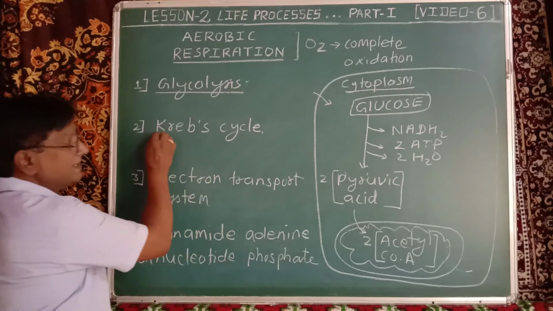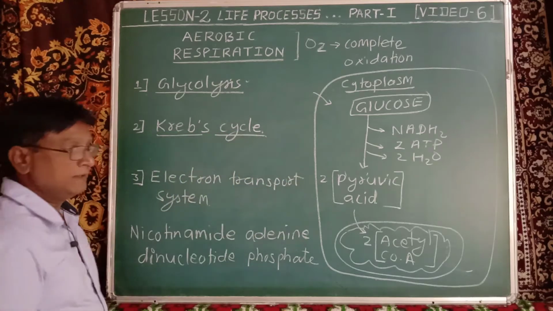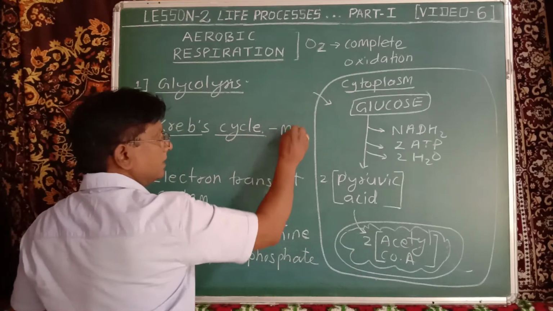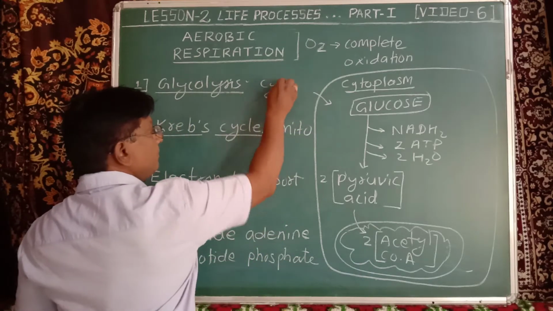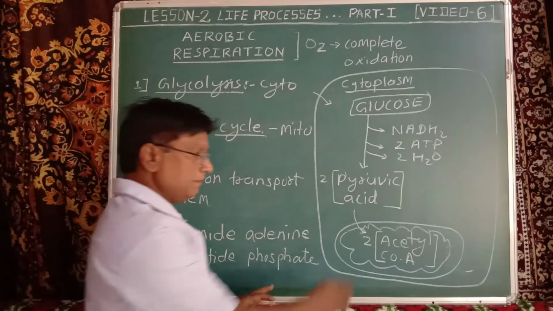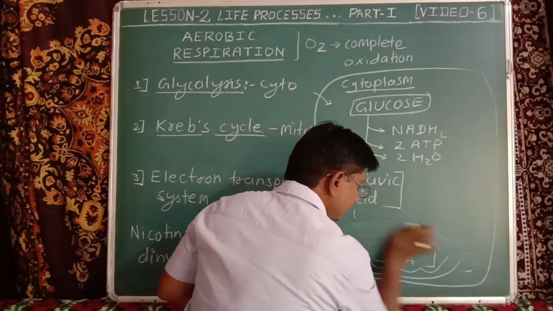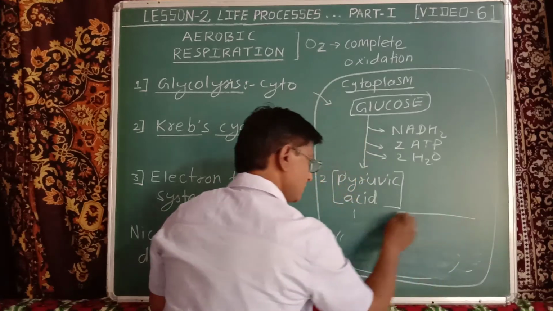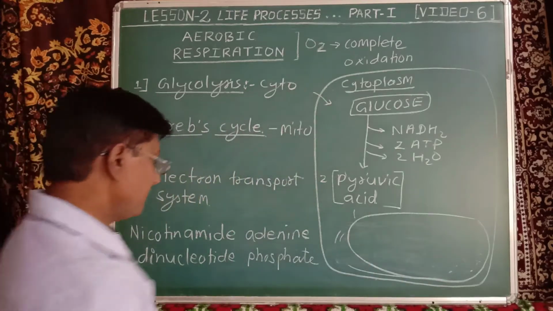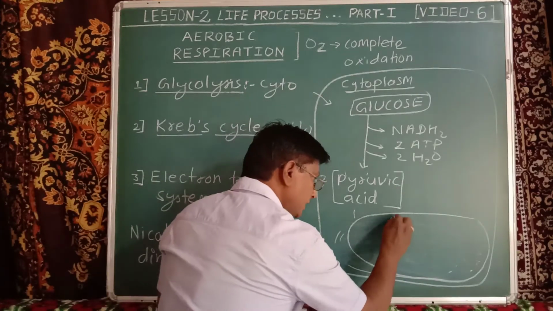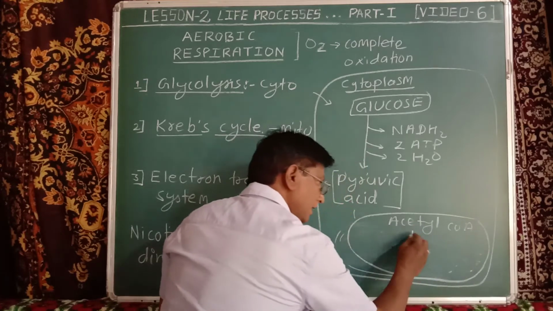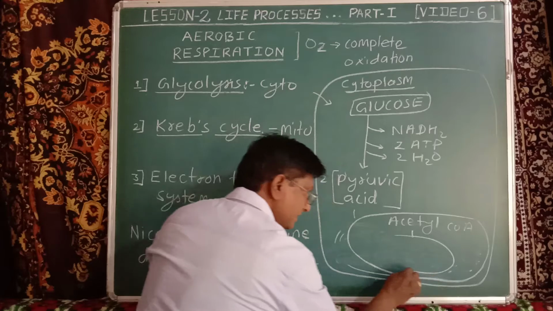Now, the second step is called Krebs cycle. Krebs cycle also takes place in mitochondria. Glycolysis takes place in cytoplasm, and Krebs cycle takes place in mitochondria. In mitochondria, this acetyl-CoA then undergoes cyclic changes.